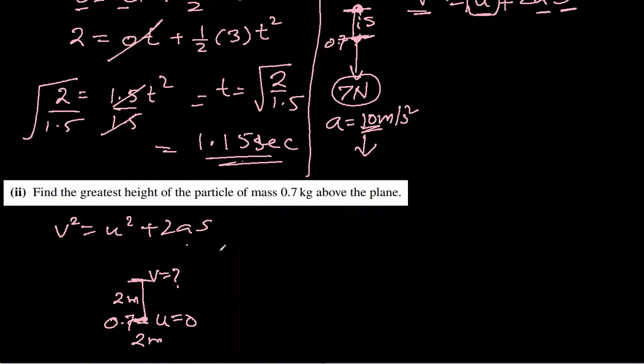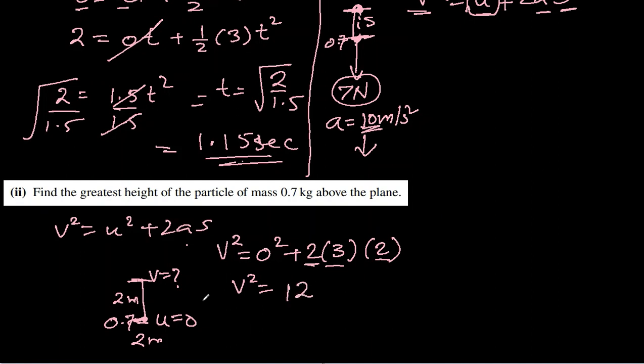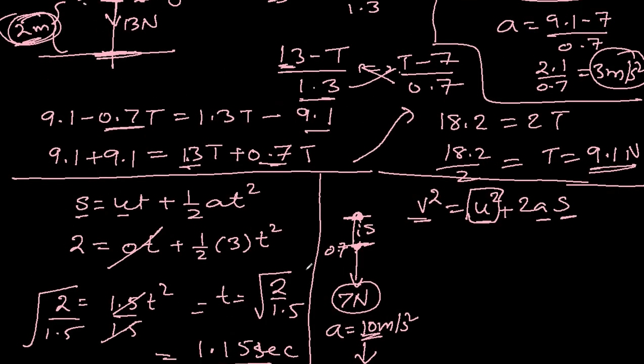So let's find v in this instant first. So v square equal to 0 square plus 2 times, it is in the same direction, acceleration 3, and s was 2 meters traveled, so it becomes 2 times 2, 4 times 3, 12. v square equal to 12, and this v square will become u square for the next part.